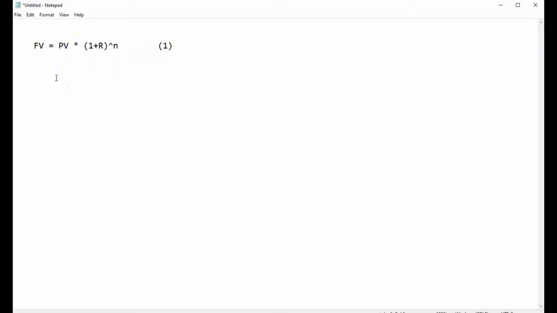So the future value divided by (1 plus R) to the power of N equals the right-hand side divided by the same item.